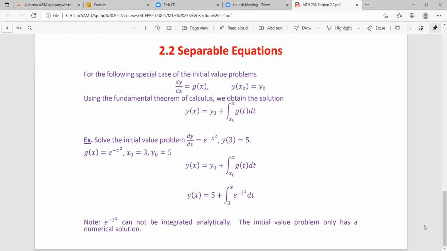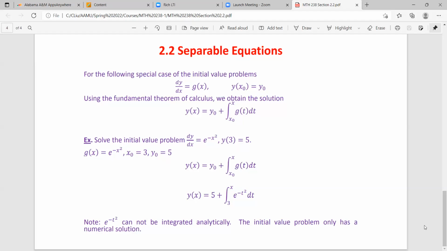For example, if I want to find the value of y of 4, so x equal to 4, you just integrate e to the negative t squared from 3 to 4, find the numerical value, the actual number, plus 5. That will give you the value of y of 4, right?